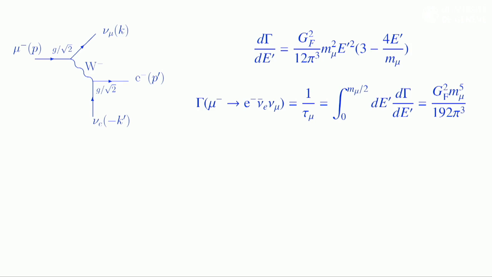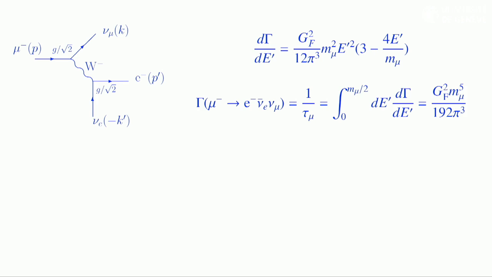The differential muon decay rate, neglecting the mass of the electron, which is much smaller than the mass of the muon, is given here as a function of the energy E' of the outgoing electron. This energy can vary between 0 and half the mass of the muon. As this process is virtually the only decay channel, the total rate is obtained by integrating over E'.